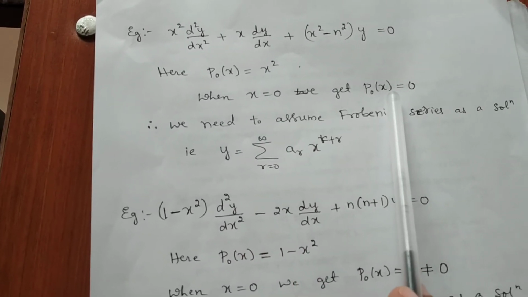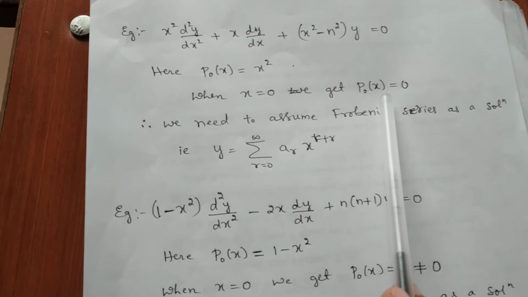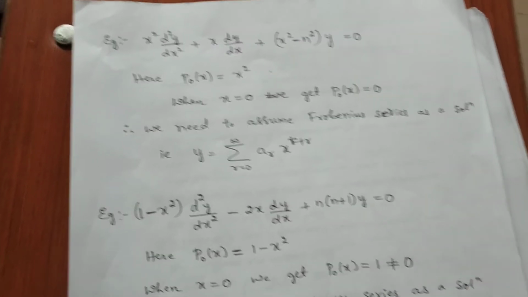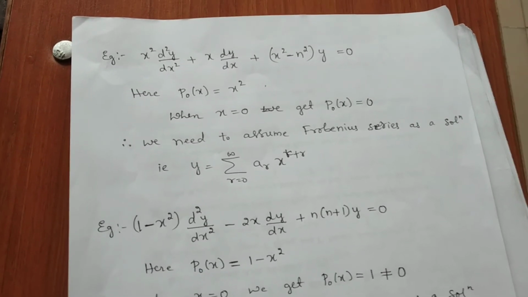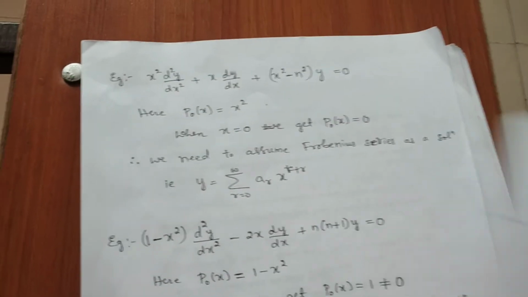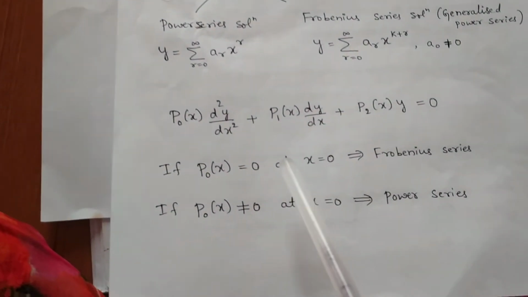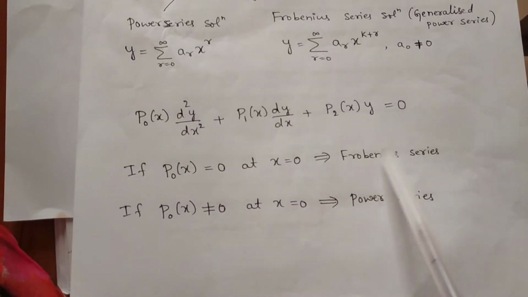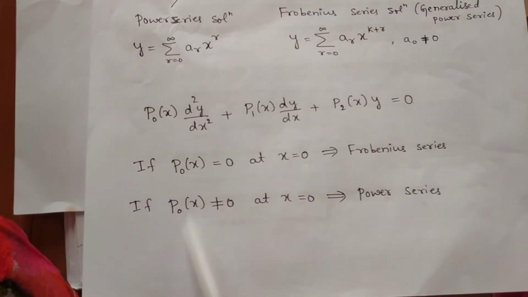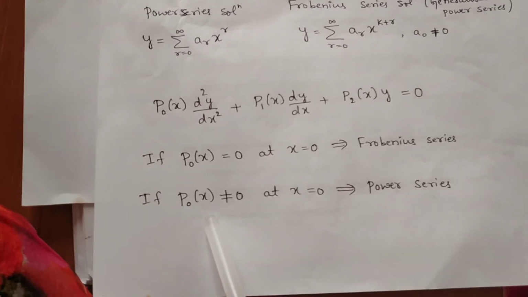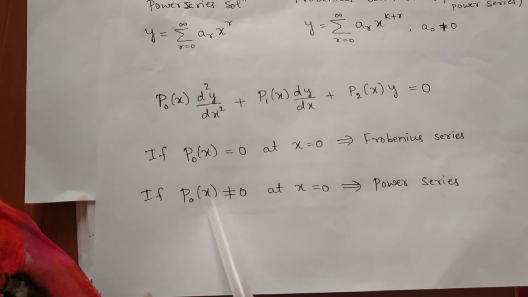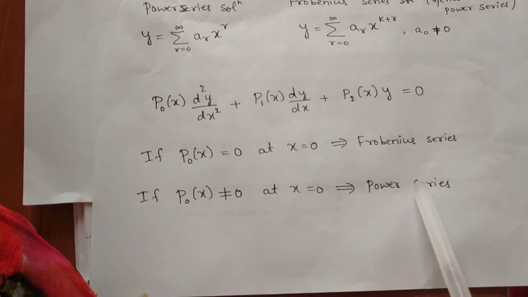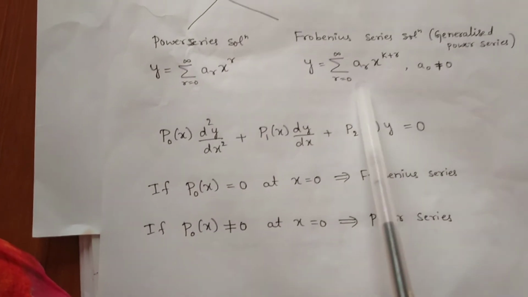Since we get 0, as I just told, when p0 of x equals 0, you need to assume Frobenius series as a solution. Let us recall again: if you get 0 when you substitute 0, Frobenius series. If you do not get 0, then you need to apply power series.